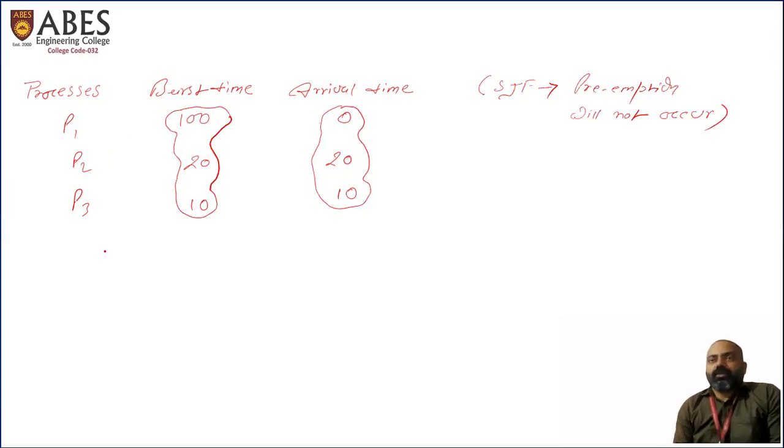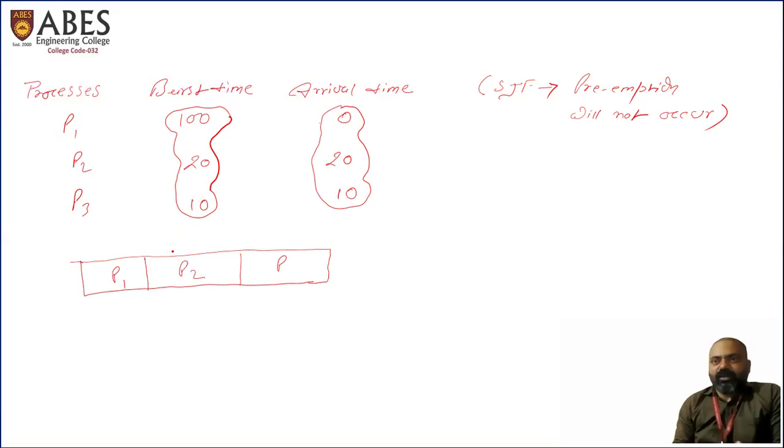So we will execute all the processes one by one. See how. Total processes are three, so we divide it into three parts. Now we check the sequence which will get executed first.